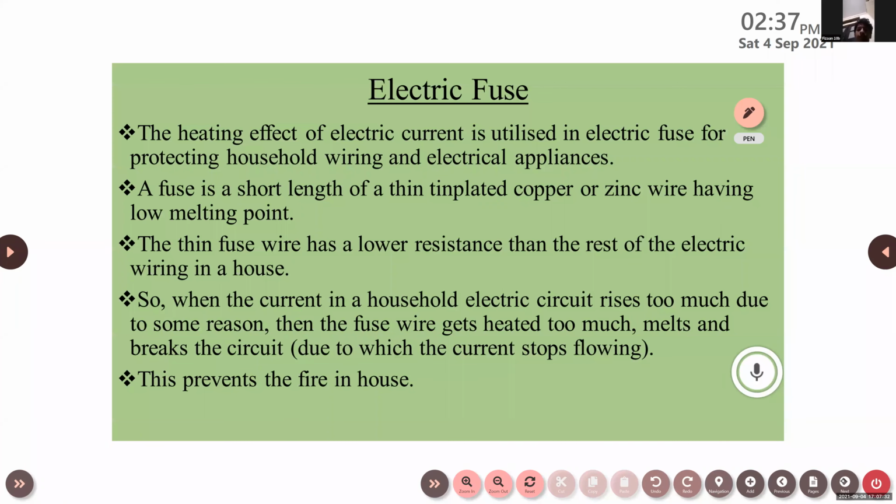Okay, here you have the definition for electric fuse. Electric fuse is a device that is used for protecting household wiring and electrical appliances.